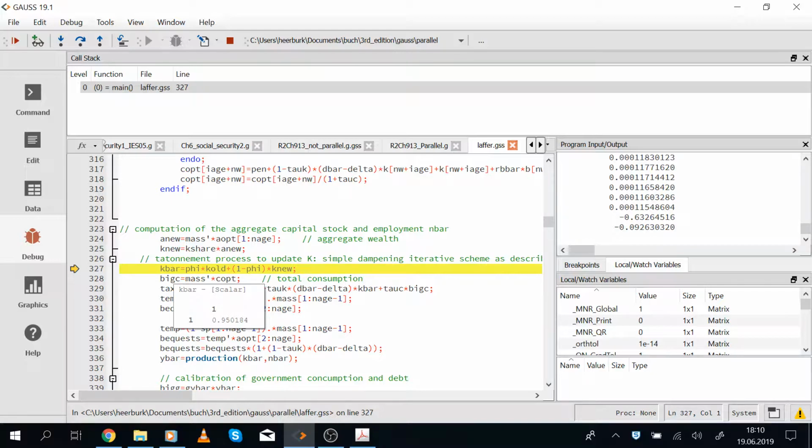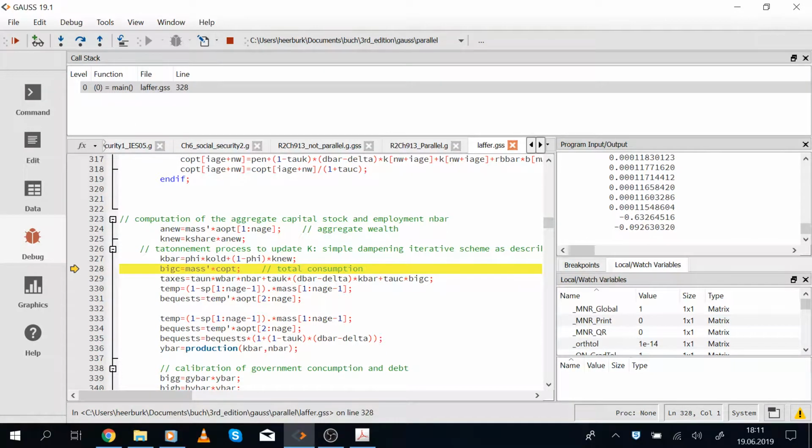So we started with K 0.09501184, find a new value of K new 0.998, and using the updating parameter phi equal to 0.9, we get a new value of K bar that's equal to 0.955, and we will use this in the next iteration.